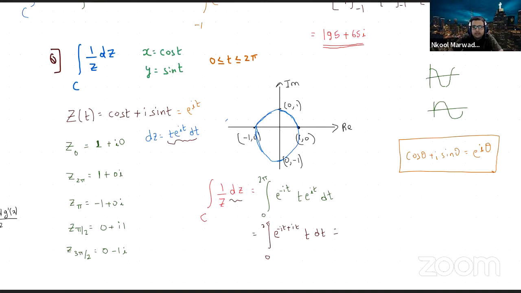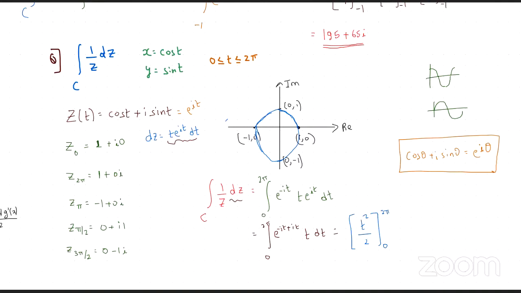So that we know, it is t square by 2 from 0 to 2 pi.